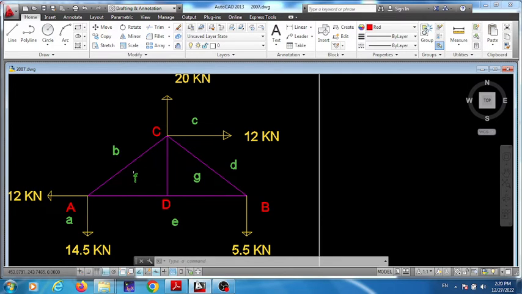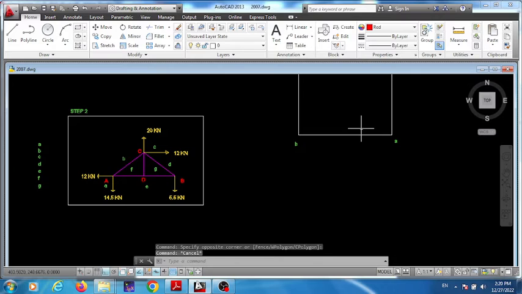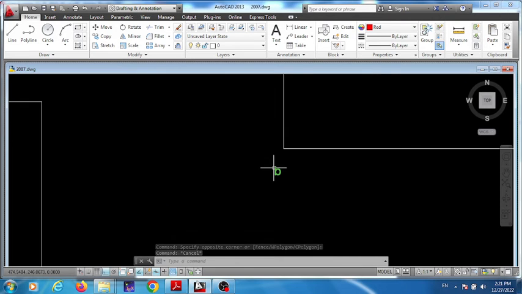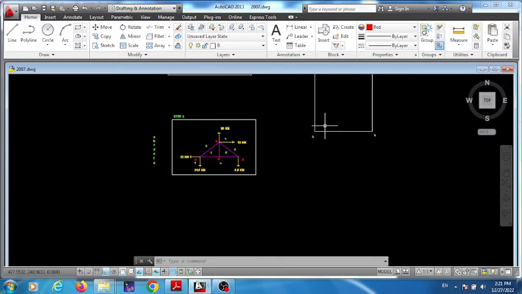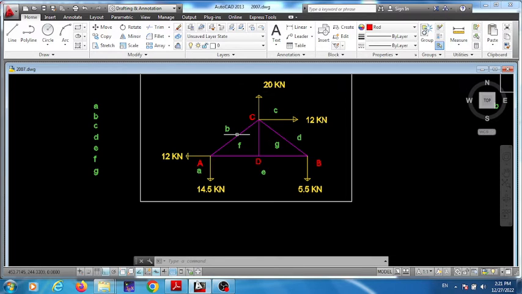Between B and F there is a member AC, right? So do we have a point B with us? Yes, here there is a point B, so surely the line will start from B. Now in which direction?